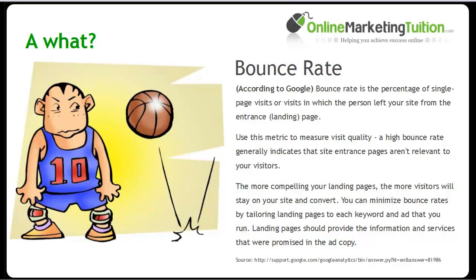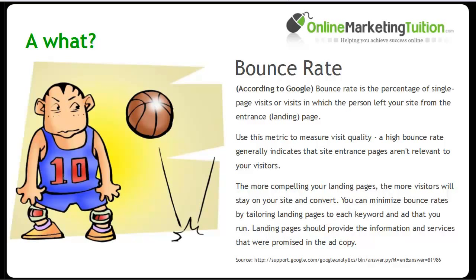So Google's saying you can minimize bounce rates by tailoring your landing pages to each keyword and ad that you run. I should say they're mentioning ads because they want you to also pay for their advertising, which is across the top and down the right hand side of search pages, and is also appearing at the bottom of some search pages now as well.